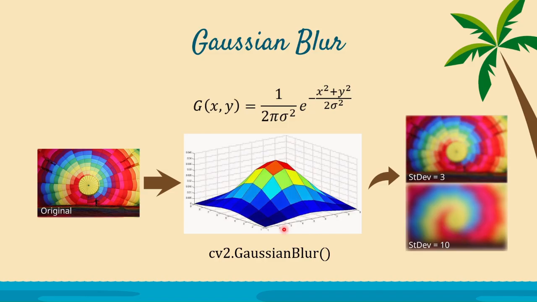In programming, Gaussian blur is implemented using the function cv2.GaussianBlur in OpenCV. The level of blur is determined by the standard deviation provided as a parameter. A higher standard deviation creates a more blurred effect.